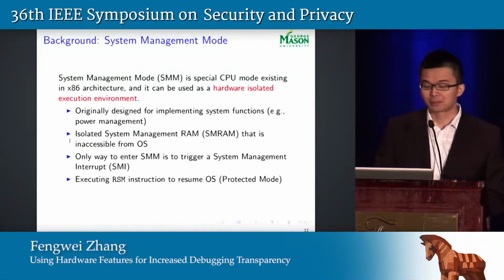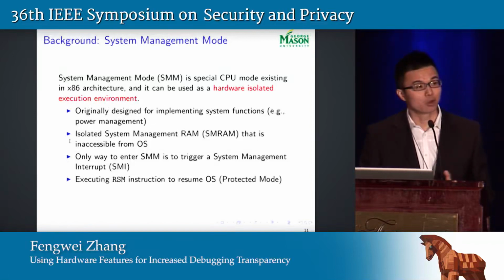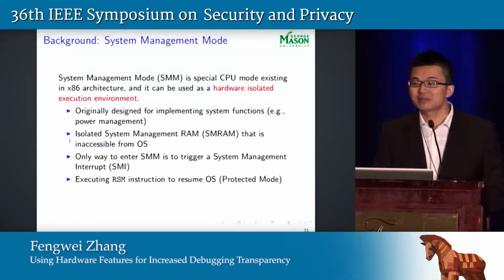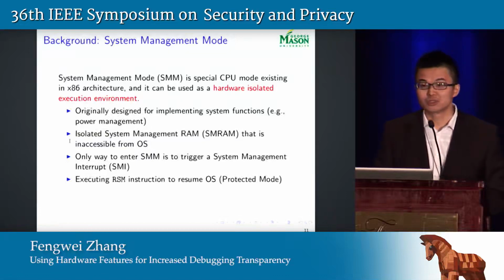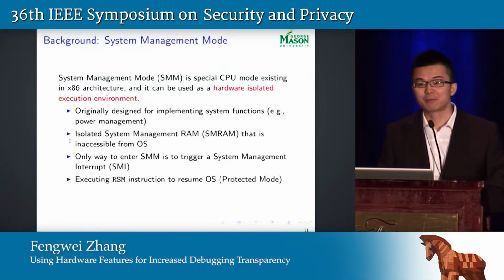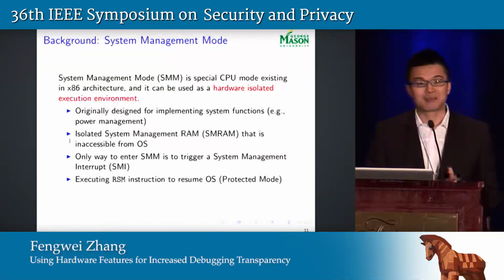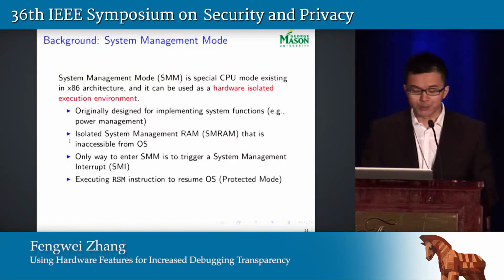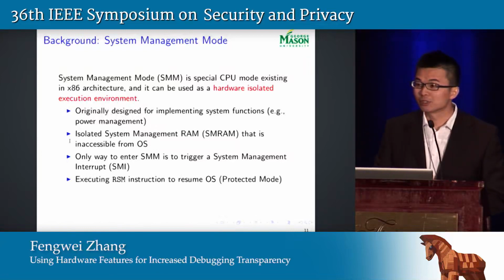Also, system management mode has an isolated system management RAM that is inaccessible from the normal operating system. When the normal operating system wants to access this memory region, the hardware will automatically redirect the access to the VGA memory. This is because the VGA memory has the same mapping as the system management RAM. The only way to enter system management mode is to trigger a system management interrupt.